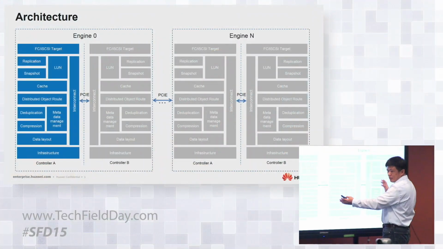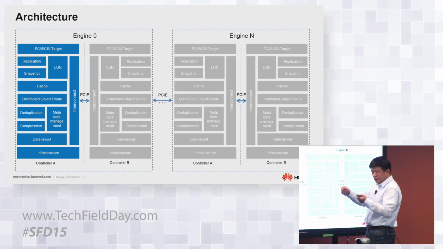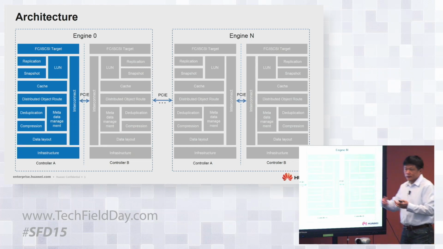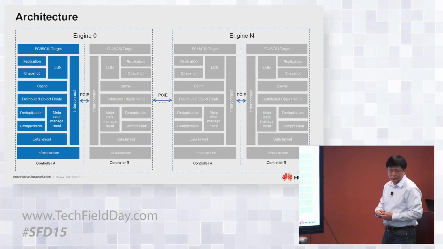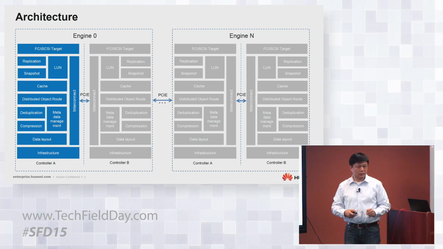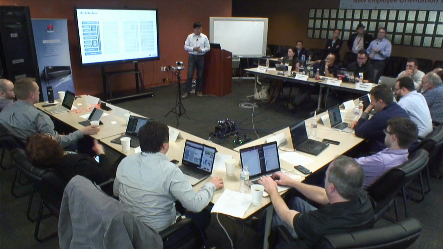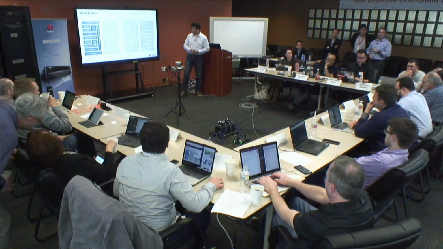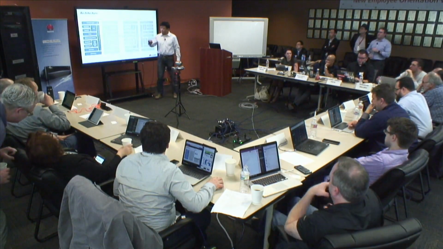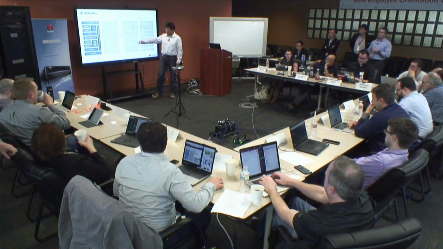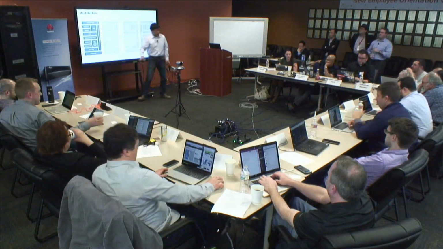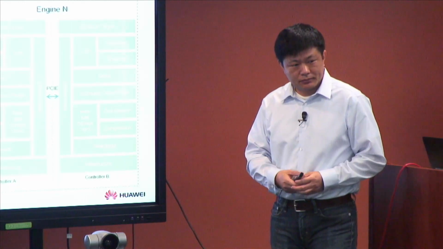Then when you connect multiple, you use PCIe cables to connect them. And the storage is NVMe storage as well, so it's also PCIe connected to each of the engines. The drives can be either NVMe or SAS. Okay.